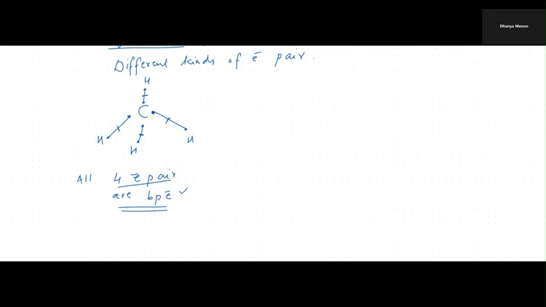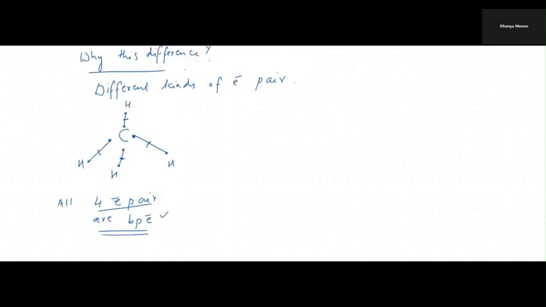But in case of ammonia, there's a lone pair of electrons. And how many bond pairs are there? 1, 2, 3. Three bond pairs are of the same kind and one lone pair is of a different kind.